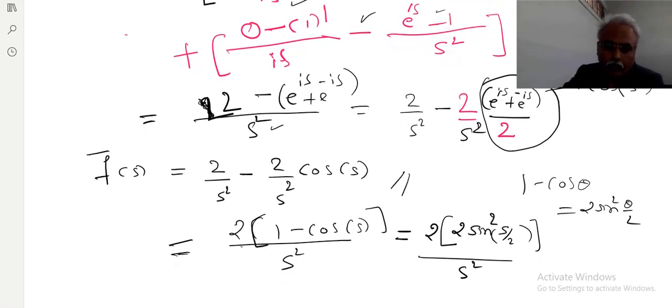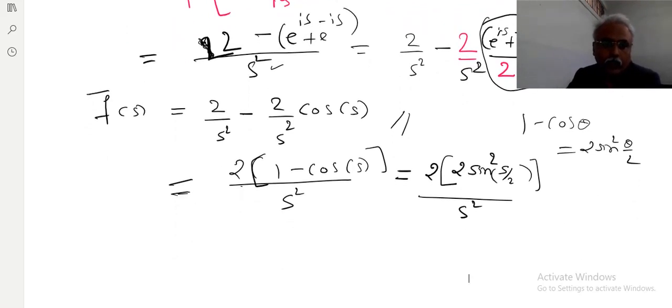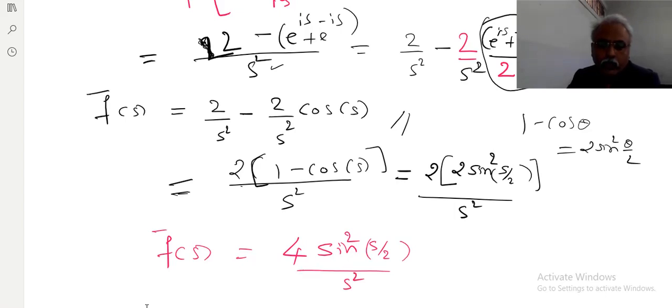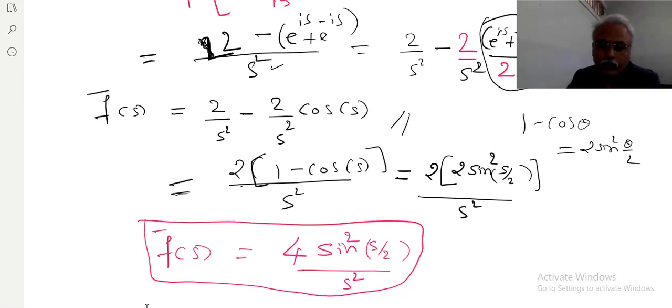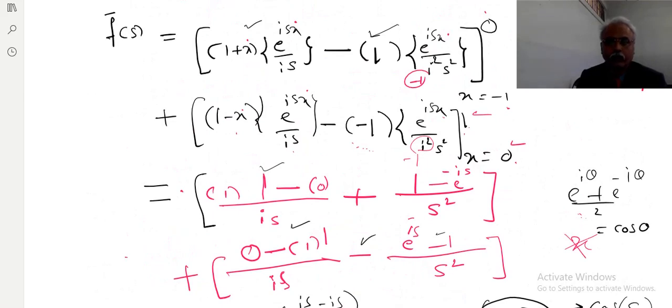Finally I can write the answer: f bar s, the Fourier transform of the given function, is 4 times sin square s by 2 whole divided by s square. Let us note this f bar s function, because in the deduction part we will have to use this. This is the first answer. Now let me come to the deduction part, which is asked in the example.